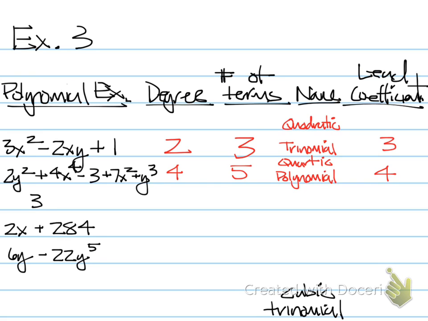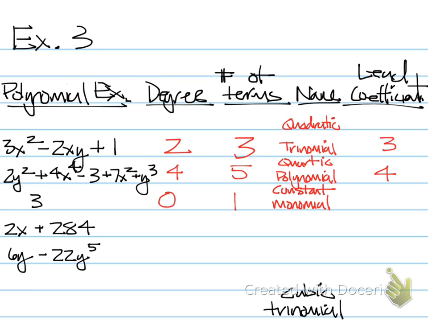For that next one, 3, the degree is just 0. That's the same thing as 3x to the 0 power, and it's just 1 term. So since the degree is 0, we just say it's a constant, and 1 term refers to a monomial.